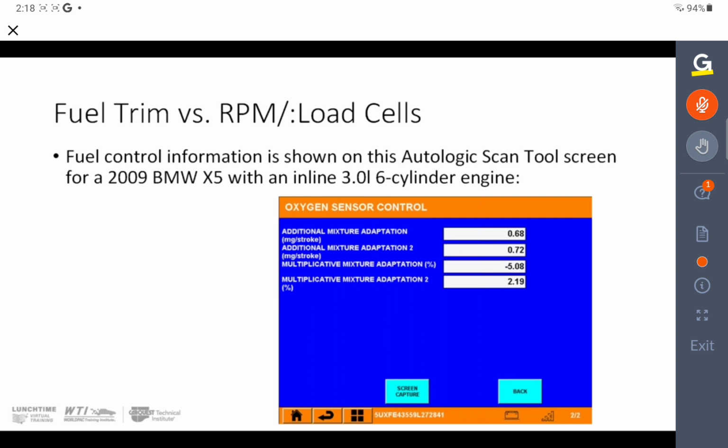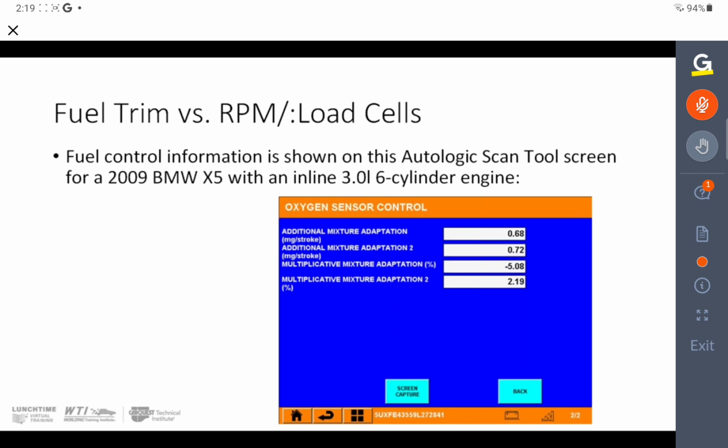On this particular chart, this happens to be a BMW with an inline 3.0 liter engine. And I know most of you are probably familiar with Bank 1 and Bank 2 on V motors, and inline motors typically just have one bank. Well, on this motor, it's a 6-cylinder. It actually groups cylinders together.